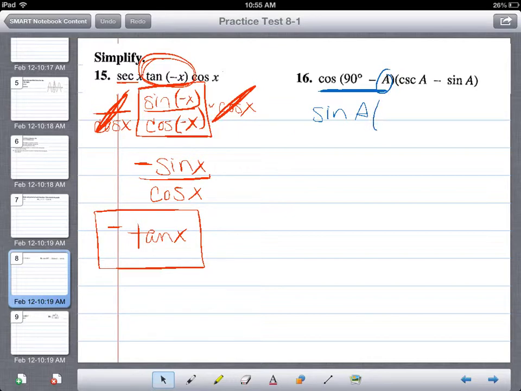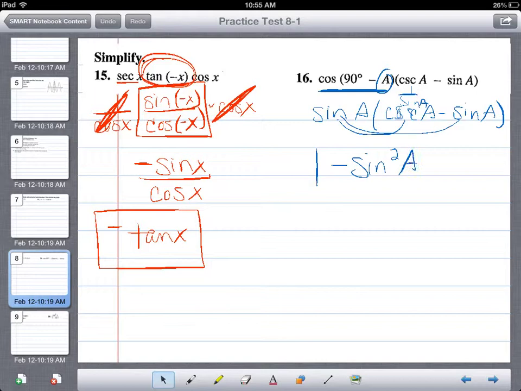And then I am going to take this times cosecant A minus sine A. If I take sine times cosecant, they're actually reciprocals of each other. This is the same as 1 over sine A. So if I took sine A times 1 over sine A, I'm just going to get 1. And then when I distribute sine A times negative sine A, I'll get a negative sine squared A.